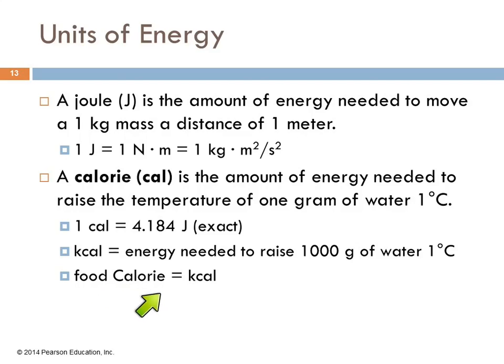The food calorie is actually equal to a kilocalorie. So, you know, if your Tic Tac has 1 calorie in it, it's really 1 kilocalorie. It's the amount of energy needed to heat 1,000 grams of water 1 degree Celsius.